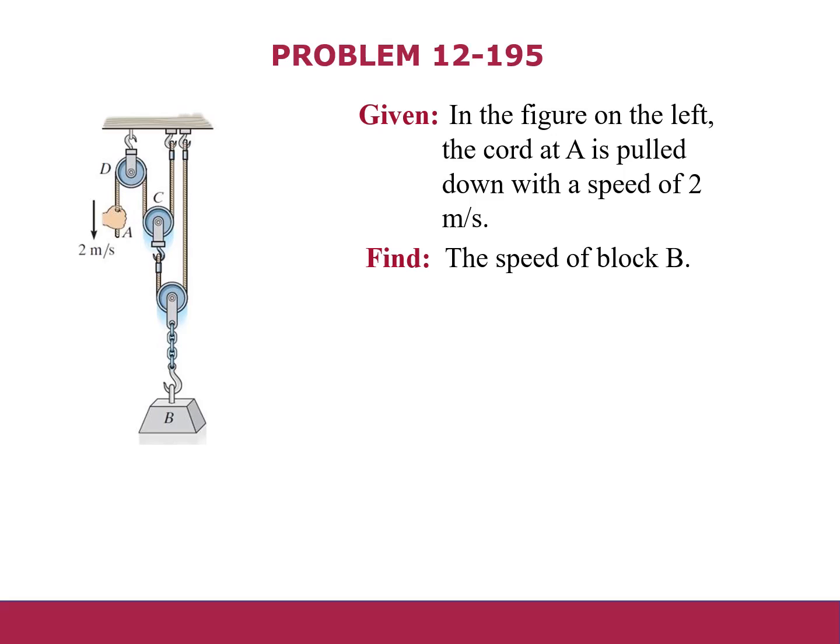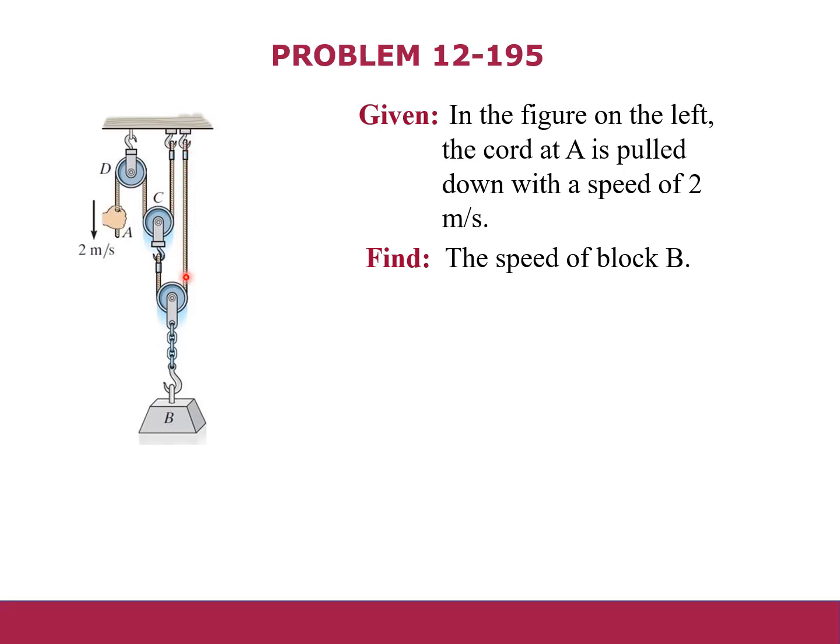So this is the problem of your RC Hibbeler, which is 12-195, and you can see that in this problem you have a cord, and the bodies are connected to it. You are applying the force over here and pulling it in the downward direction. As a result, this body will move in the upward direction. Over here you can see that there are two cords, right?